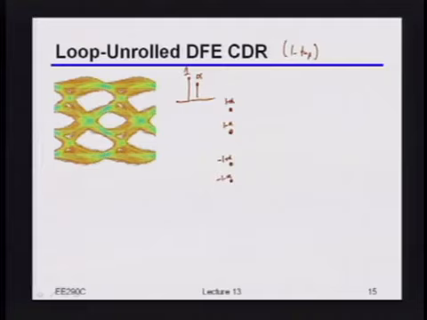Since I'm interested in what this does to the CDR, what I need to do now is think about what's going to happen when I have two consecutive data bits. In particular, what happens when those two bits are different from each other, when I actually have transitions? Because only when I have transitions do I get timing information, right?